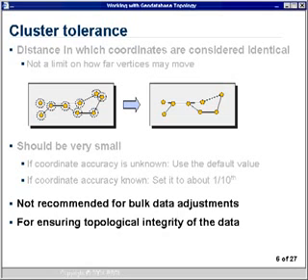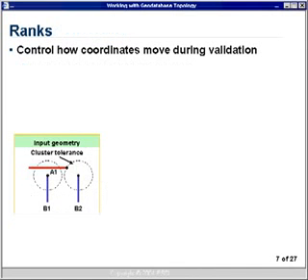Some things to know about the cluster tolerance: it's not recommended for bulk data adjustments. If you're using it to clean up your data, it's not a good idea, because if you set the cluster tolerance too high and snap too many features together, it might change things in your data that you were not looking to change. It is, however, for ensuring topological integrity of your data.